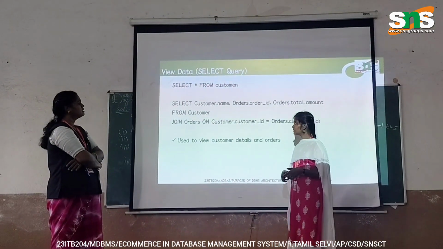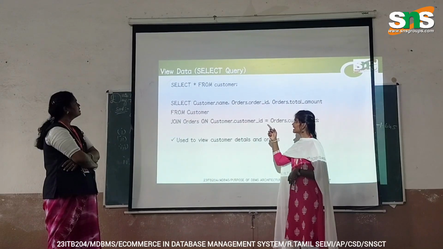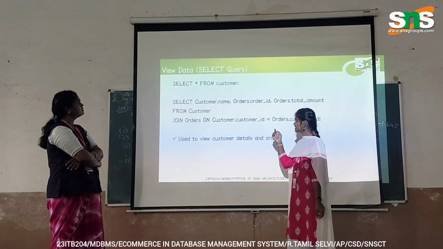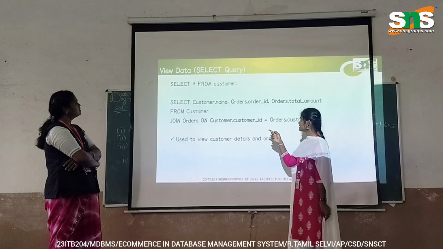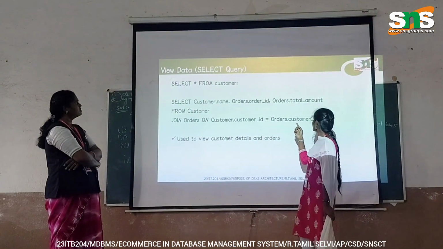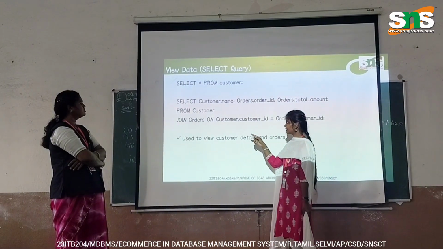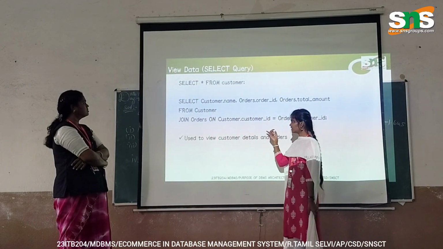Now we are going to read the customer table. Select is the query to read the customer table. Now from the customer table, we need the customer name, order ID, and order total. Here we use the join keyword to join the customer table and the order table.